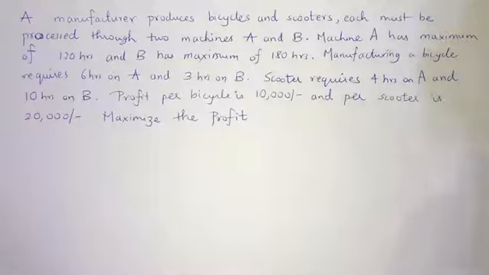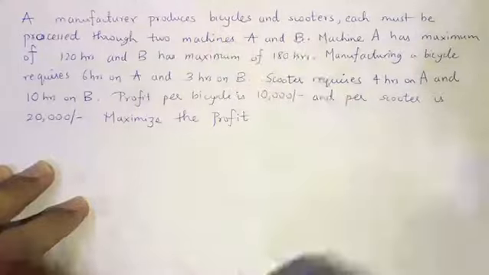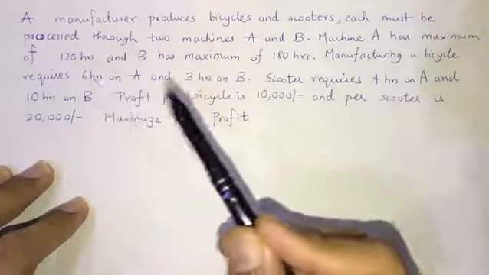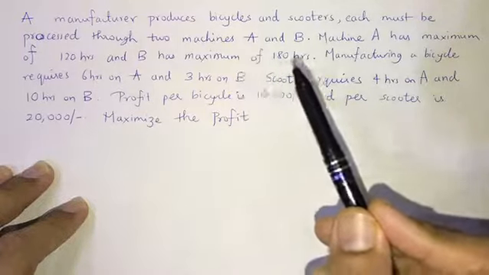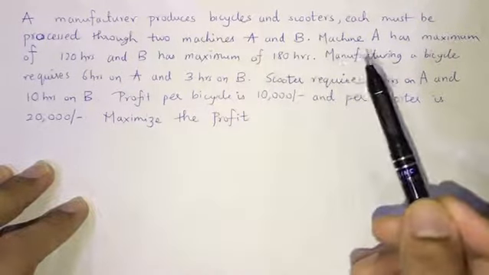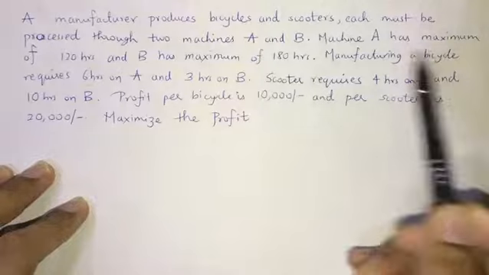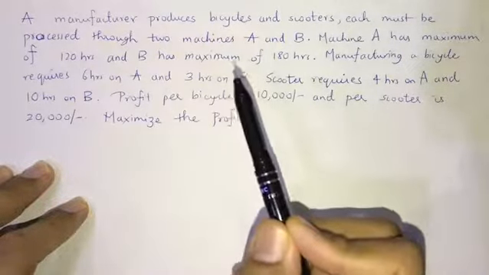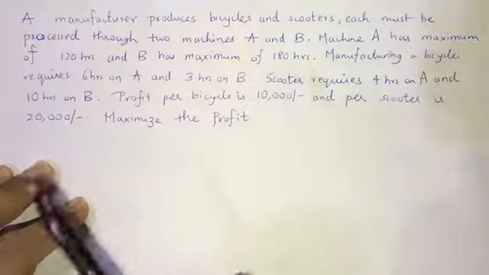If you read the problem carefully, a manufacturer is producing bicycles and scooters. Each is processed through machines A and B. Machine A has a maximum of 120 hours and B has a maximum of 180 hours.